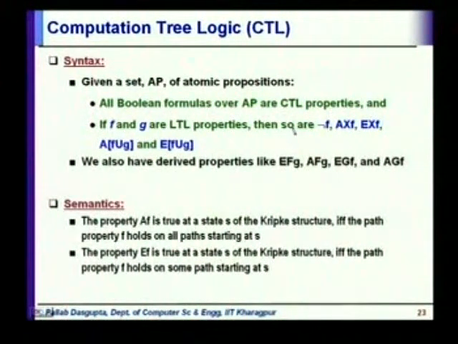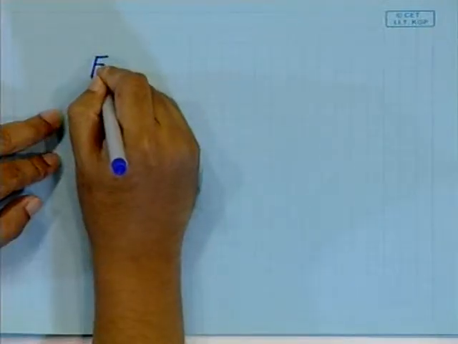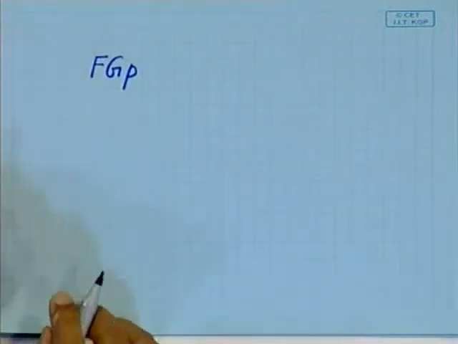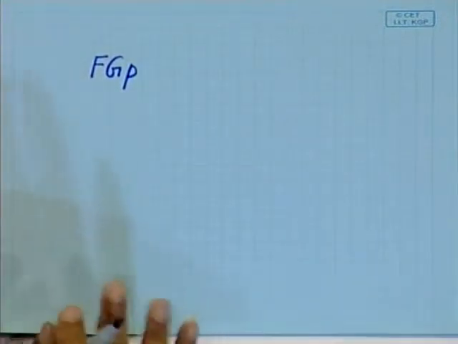Now, what this means is that every path property like XF, F until G must be prefixed by an A or E. Now, remember that in LTL we were allowed to write properties like FGP. LTL was allowing that. Here it is not allowed.